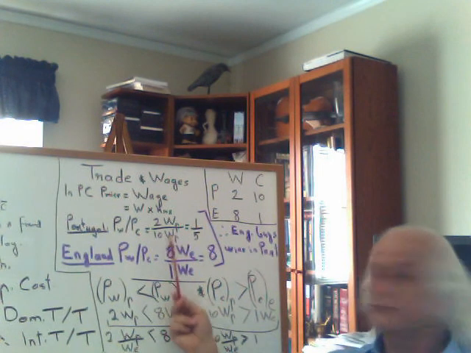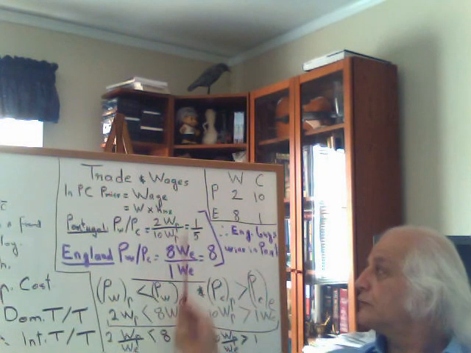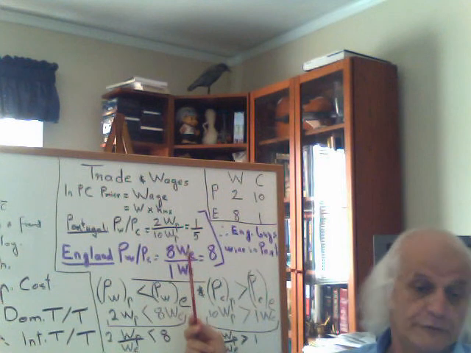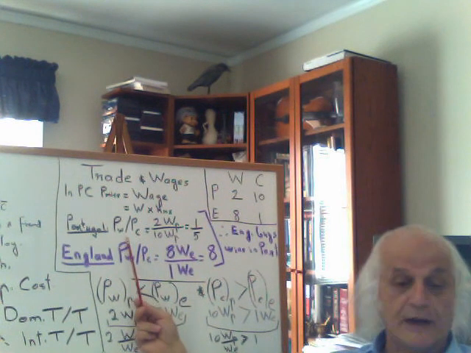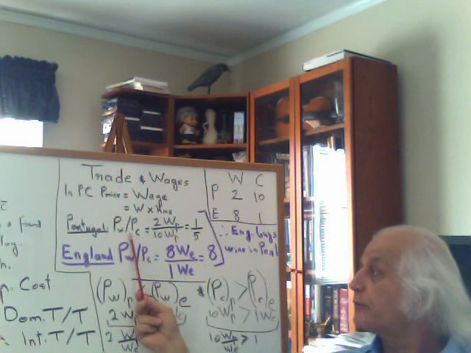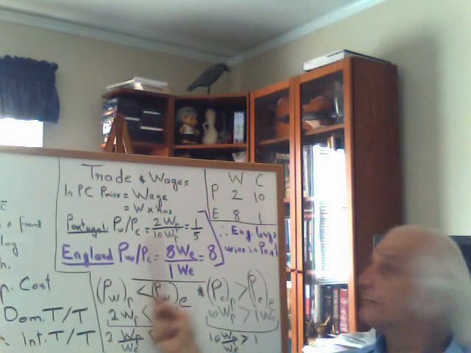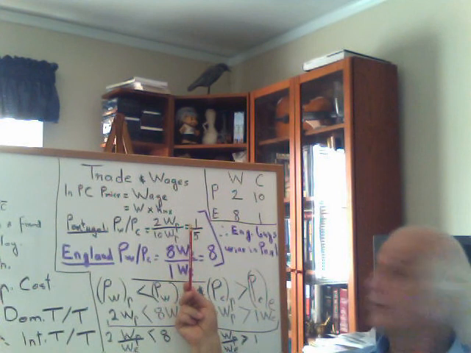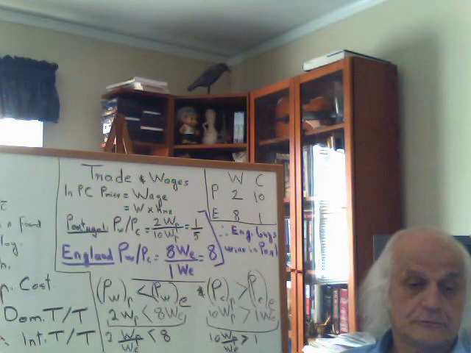They're going to cancel out. So what do you wind up with? With 1/5 or 0.2 if you prefer, right? So the price of wine over the price of cloth in Portugal is equal to 1/5, or 0.2, 20%, right?